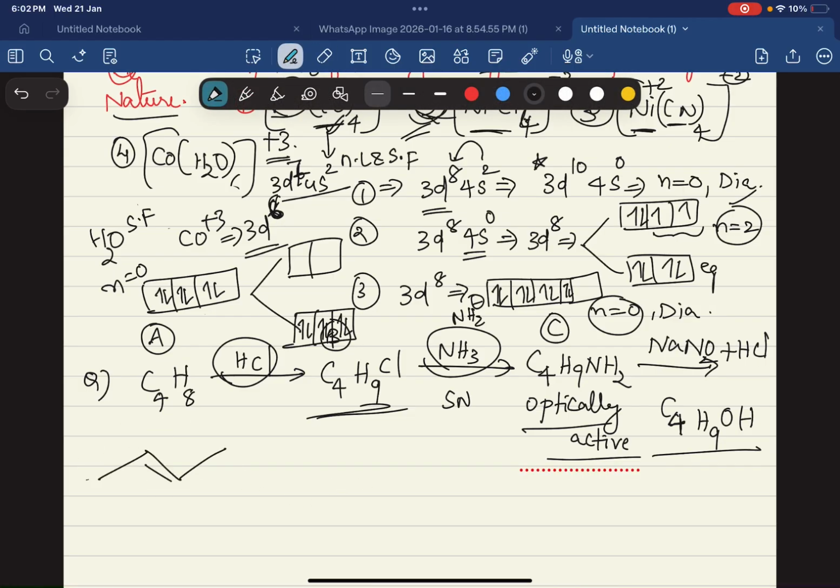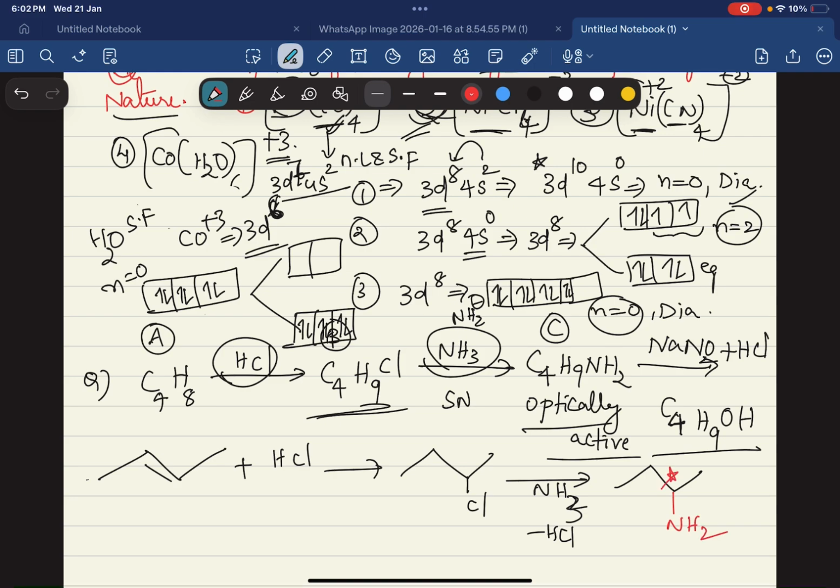So this one with HCl will get Cl, this further with NH3 means loss of HCl from these two, and we will get NH2. So this is a chiral carbon.